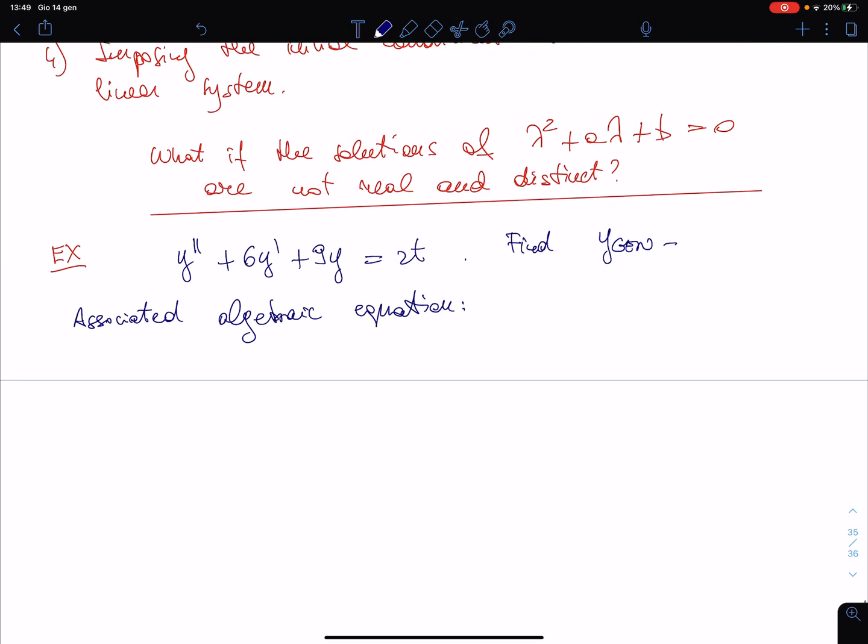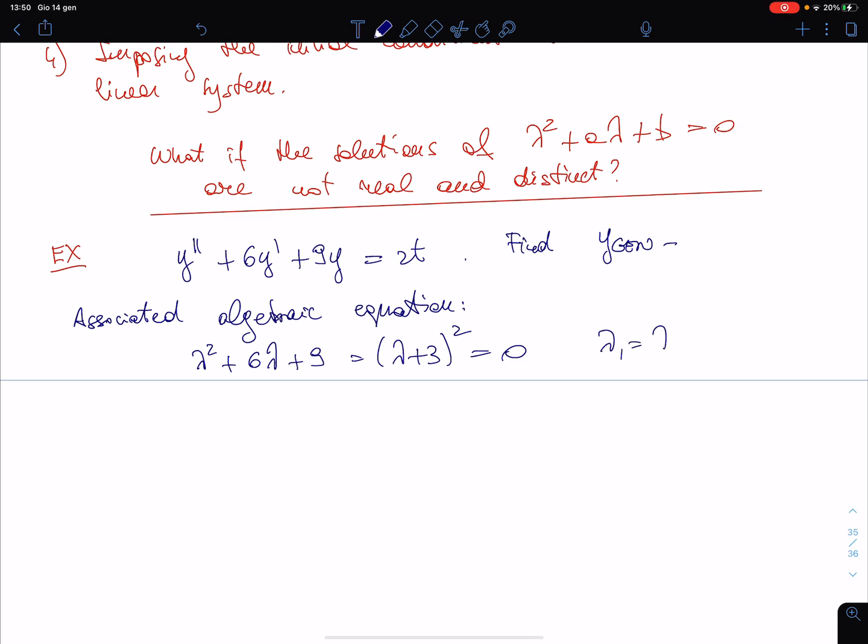So you have lambda squared plus 6 lambda plus 9, this is equal to (lambda + 3) squared, this is equal to 0.